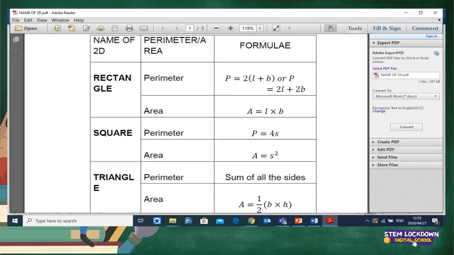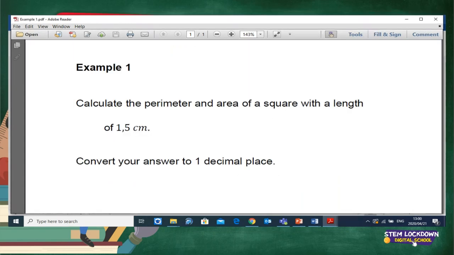That will be your formula to calculate the area. Once you have calculated it, it will give you 1,5 times 1,5. So you multiply 1,5 by itself, because we said that the area of a square is equal to s squared. That is s times s. You multiply a side by itself.